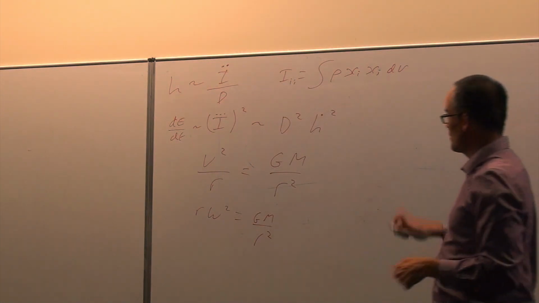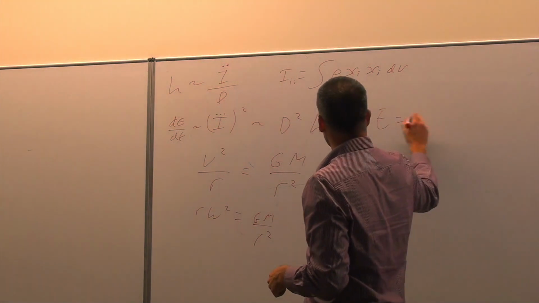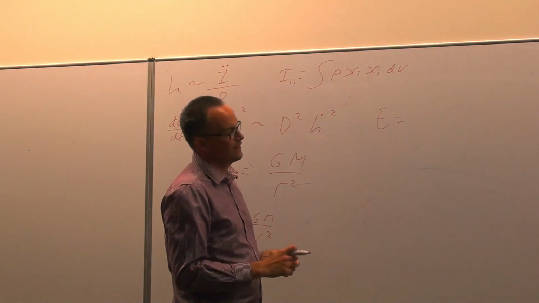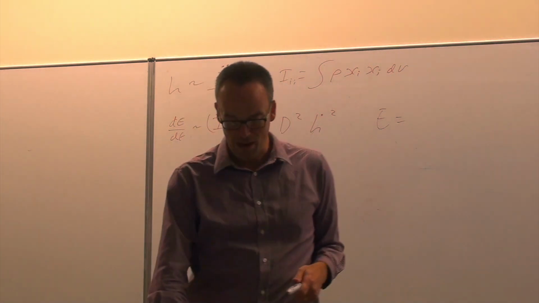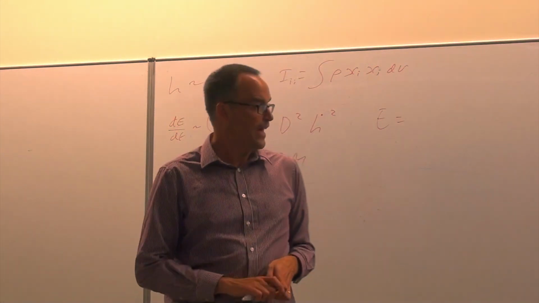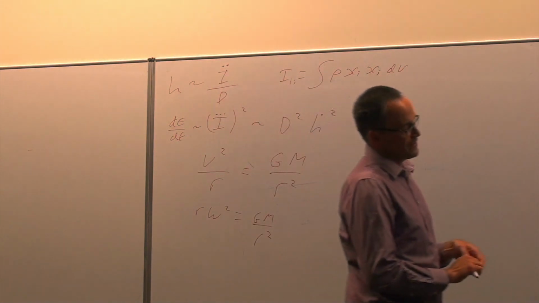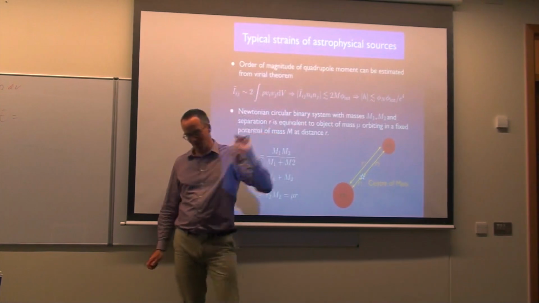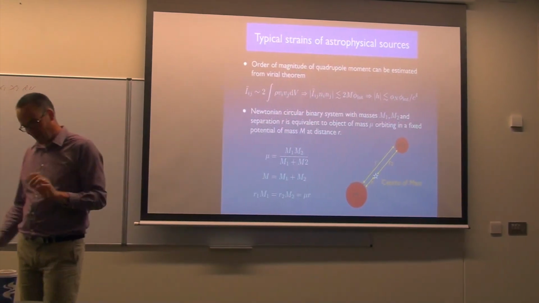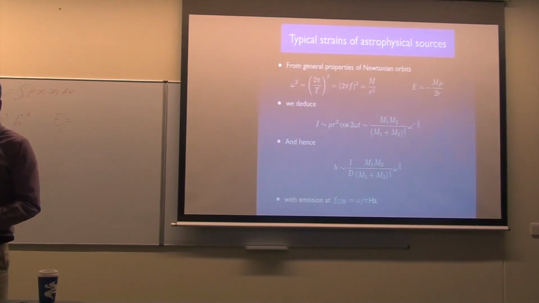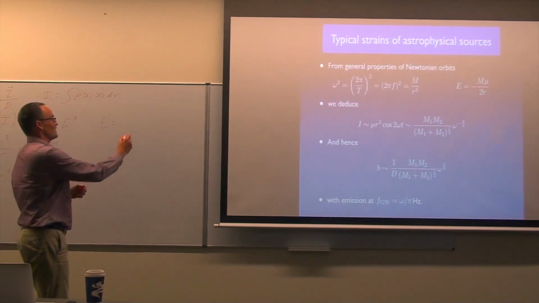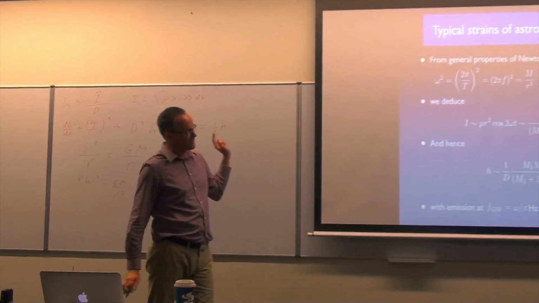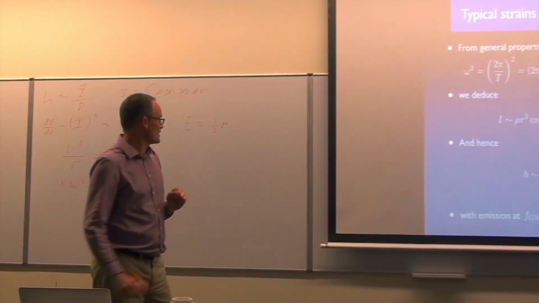Now, the total energy in the system is the kinetic energy plus the potential energy. Kinetic energy, well, that's a half m1 v1 squared plus a half m2 v2 squared, but this equivalence to having only one object of reduced mass orbiting in a fixed potential means you can get the kinetic energy slightly more easily. It's a half times the reduced mass mu times the velocity squared.